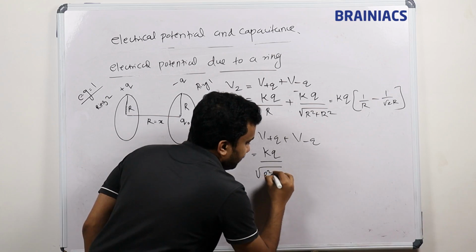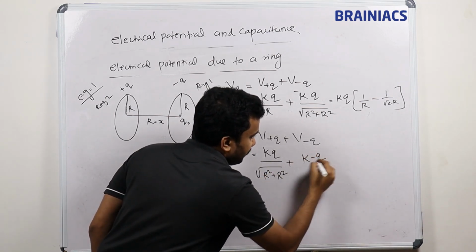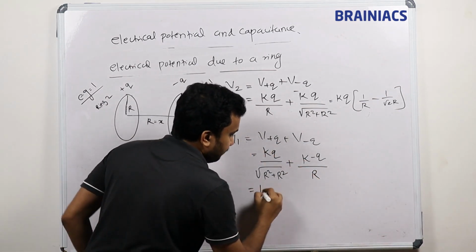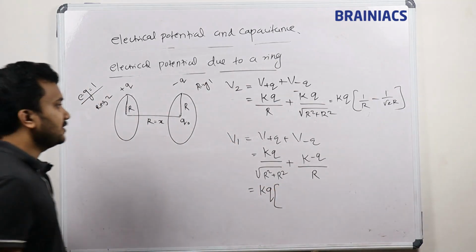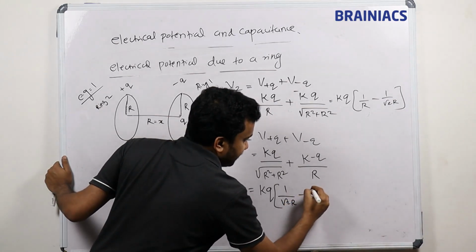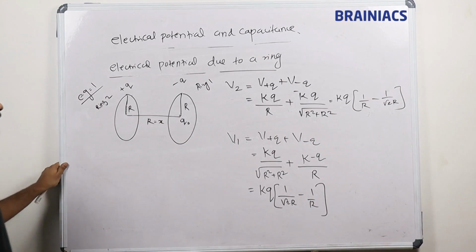Plus the potential due to minus q, which is at the center, at a distance of r. So kq divided by, what is coming here, 1 divided by root 2 r minus 1 by r. That's all.